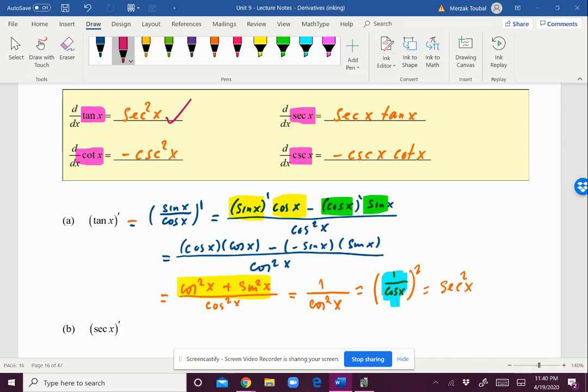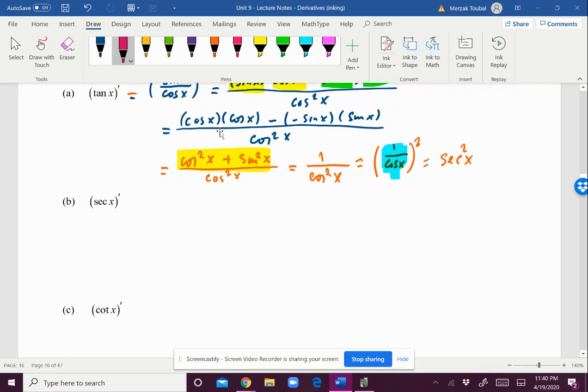So let's do the second one, which is derivative of secant. I can rewrite secant as 1 over cosine. So use the reciprocal identity. And then I apply the quotient rule.